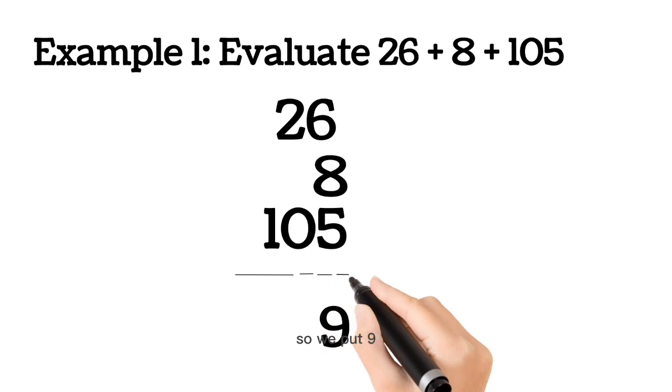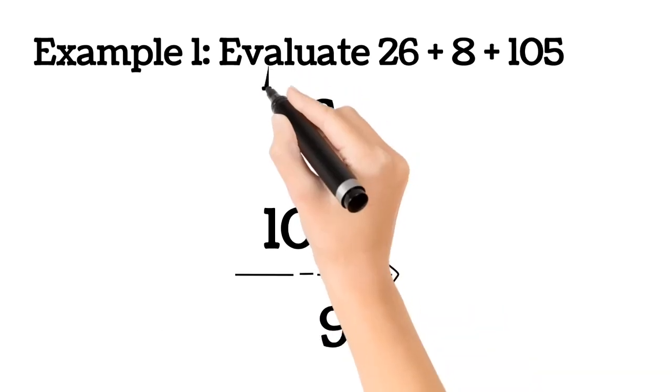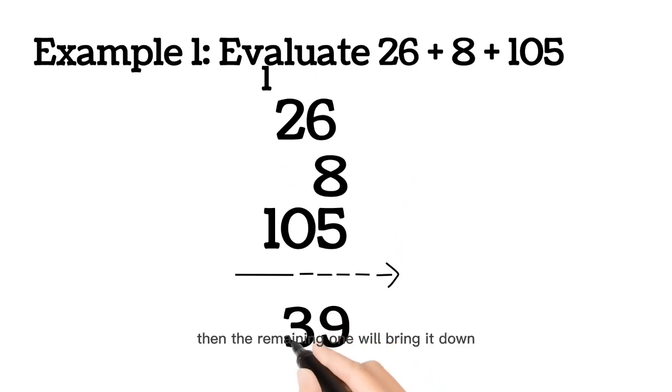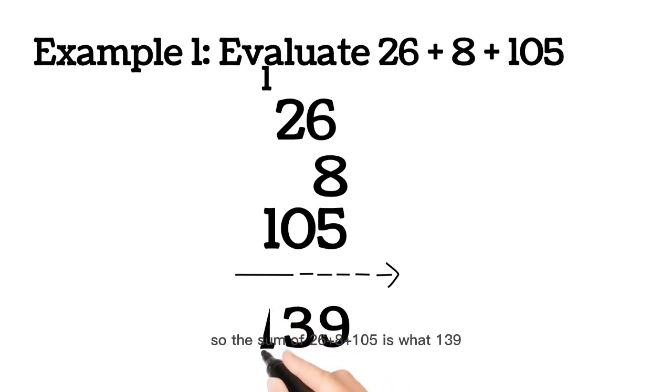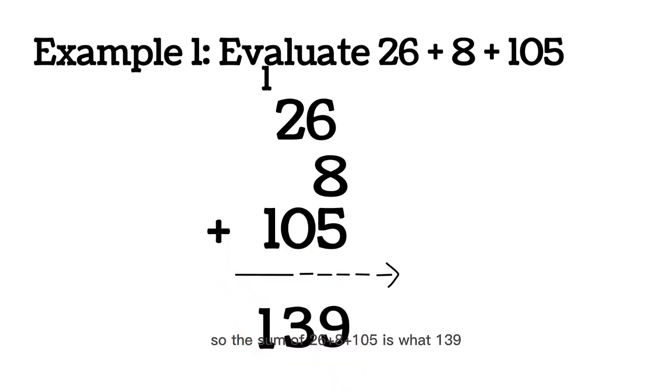So we put 9, which is the last number, and carry 1. So 2 plus 0 is 2, plus 1, which we carried, is 3. So we bring down 3. Then the remaining 1, we bring it down. So the sum of 26 plus 8 plus 105 is what? 139. So let's move over to the next example.